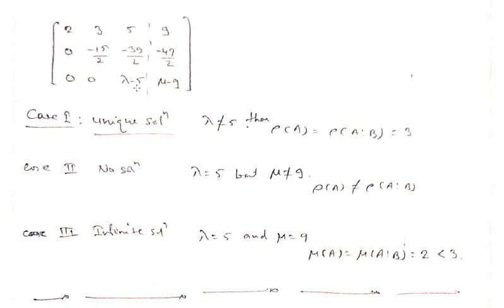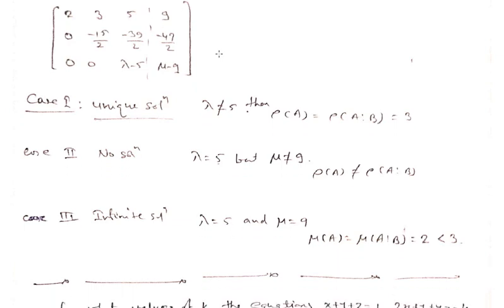For that, lambda should equal 5 and mu should equal 9. In that case the third row becomes 0 and the rank is reduced by 1. Now the rank of this matrix will be 2, and the rank of the augmented matrix is again 2. It means the system is consistent and the rank is less than 3, the number of variables. That's why an infinite number of solutions will exist.